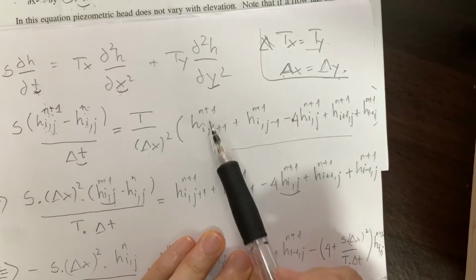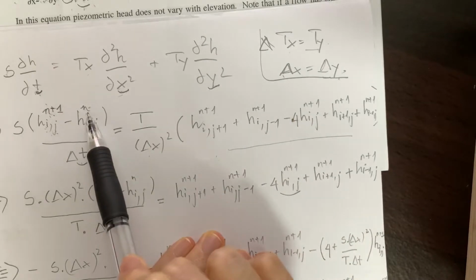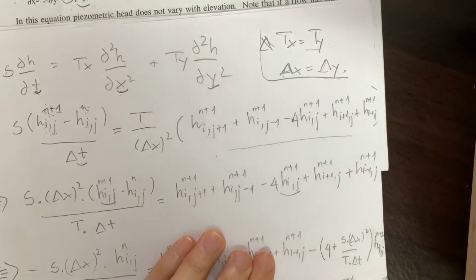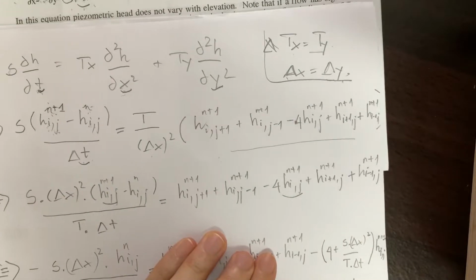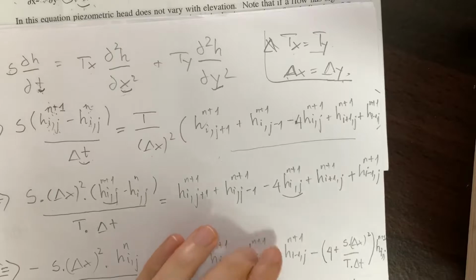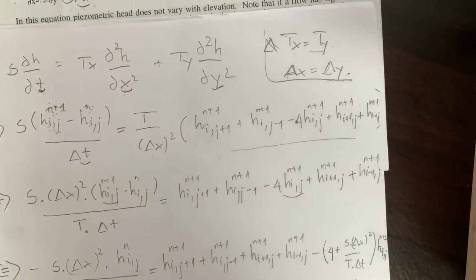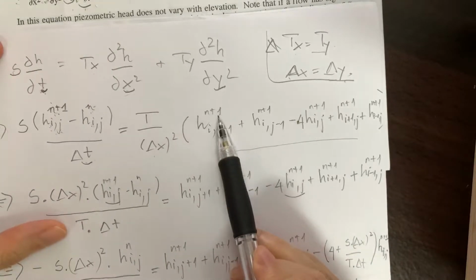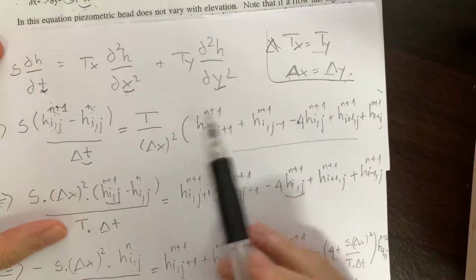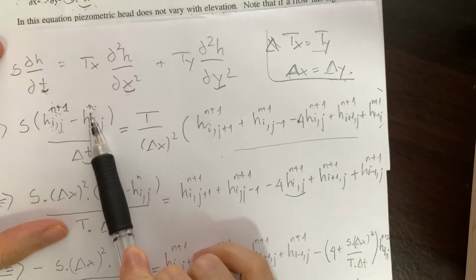Why do you have n plus 1 and n here? It is easy to understand. Just picture in your mind that n plus 1 is the future of n.